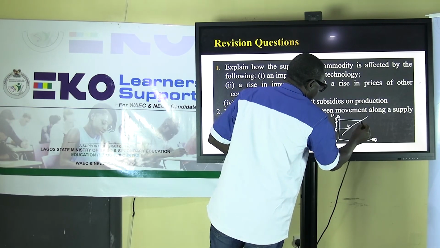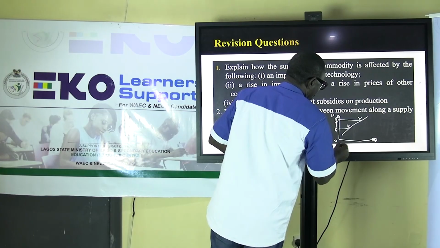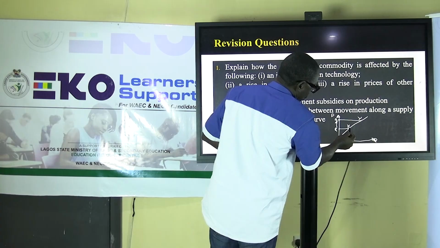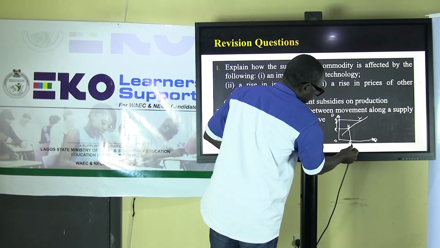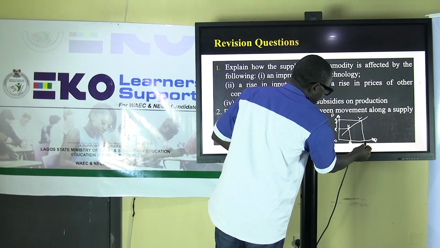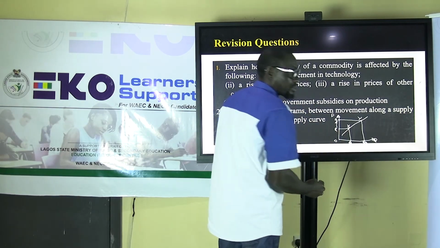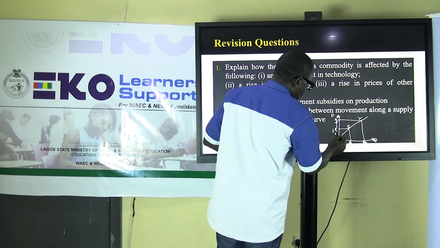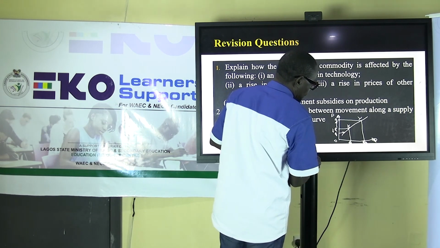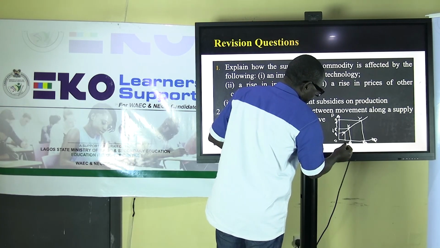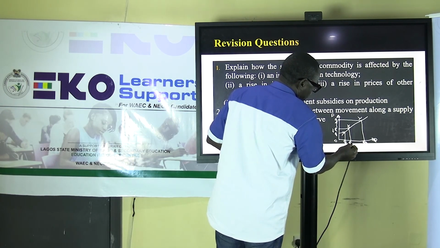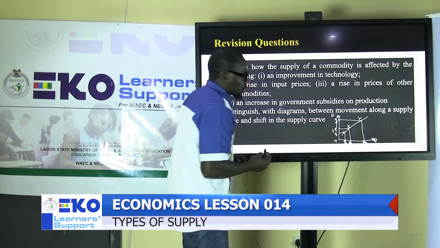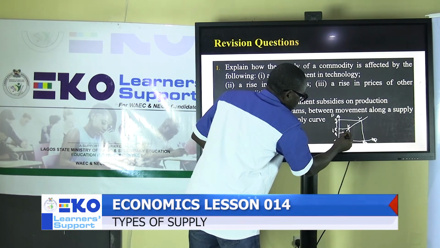And then you have another point, say Y. When price rises from P1 to P2, quantity, which is Q1, increases to Q2. On the other hand, if there's a drop in price from P1 to P3, quantity also drops from Q1 to Q3. So you now have this point Z.